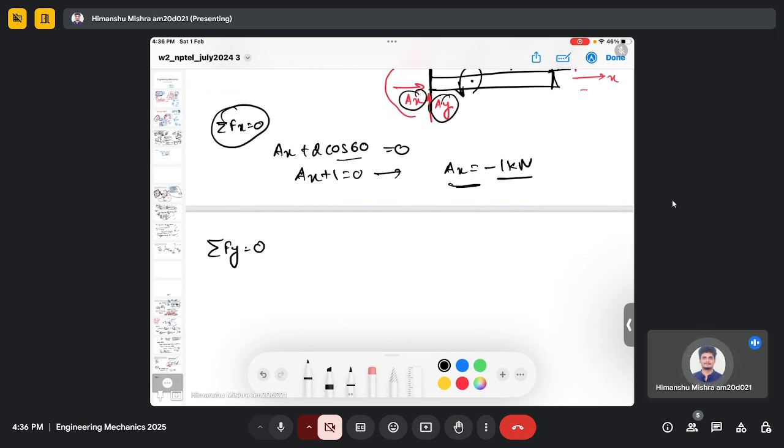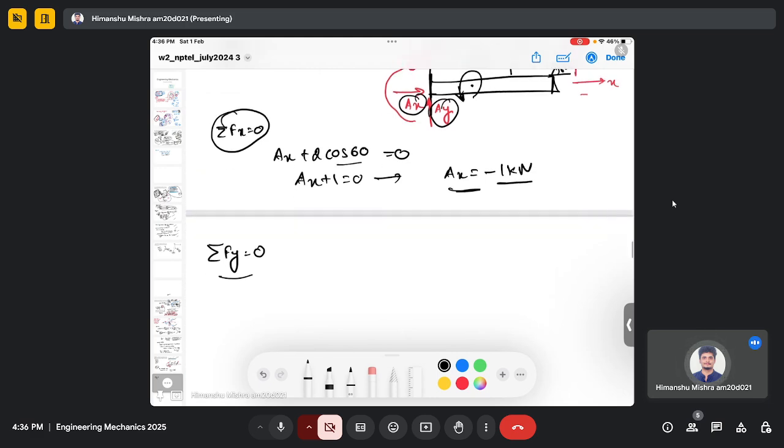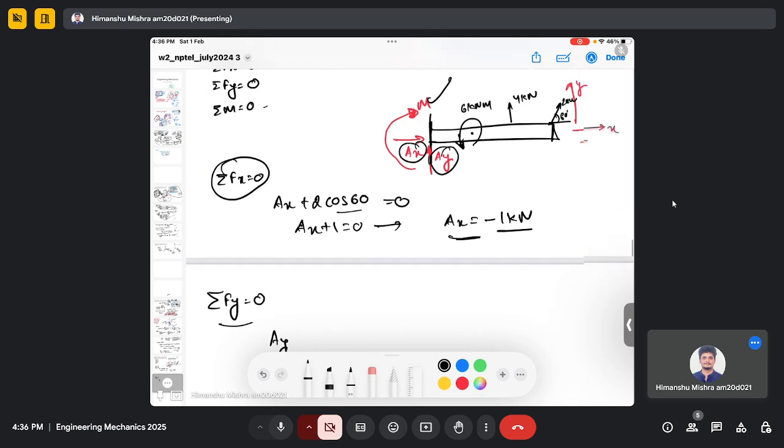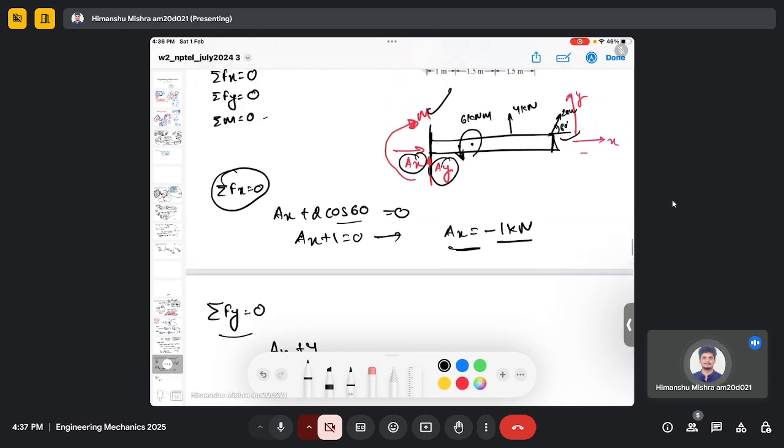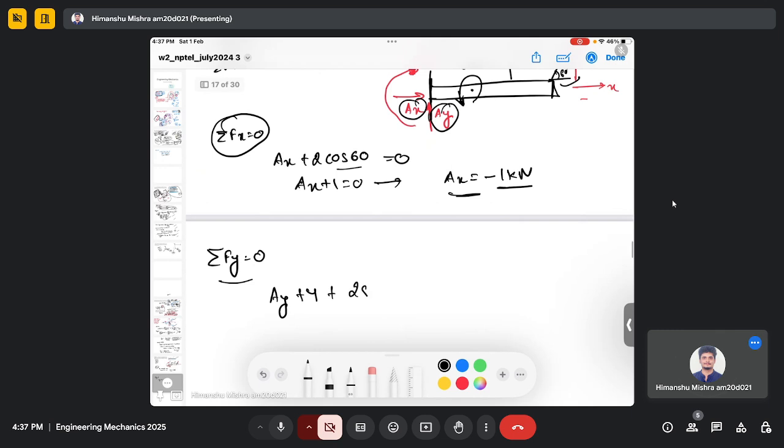Sorry, let's use the summation of force in the y direction and equate it to 0. So we have Ay plus 4 plus the component of this, which is 2 sine 60, and the summation of it should be equal to 0.